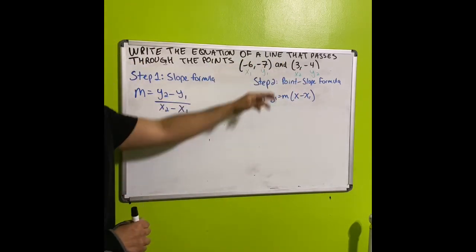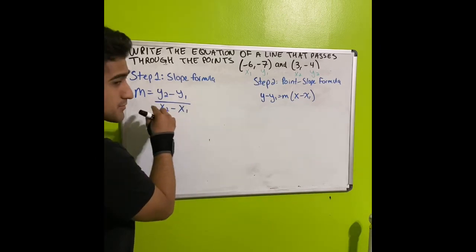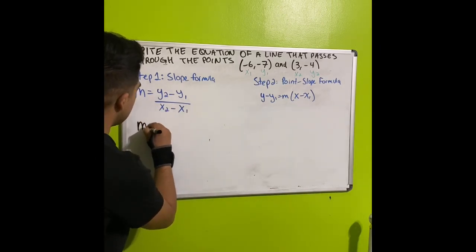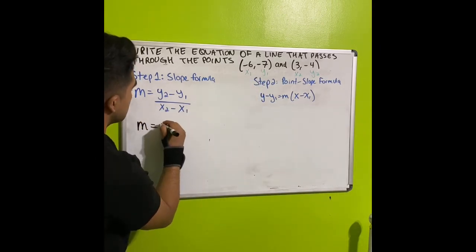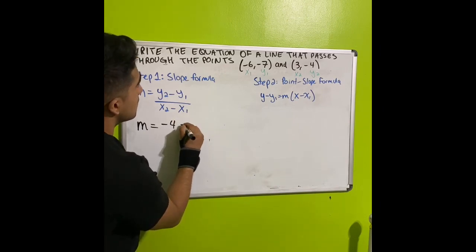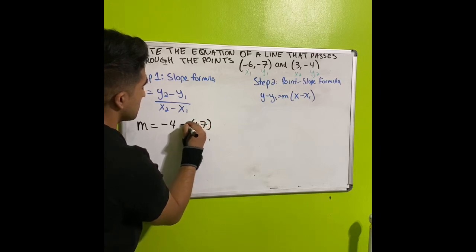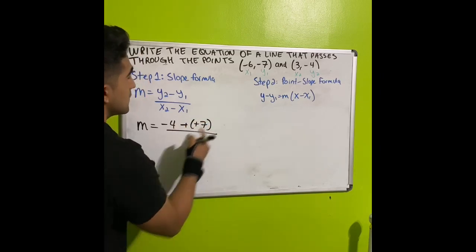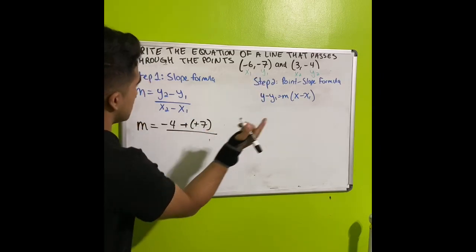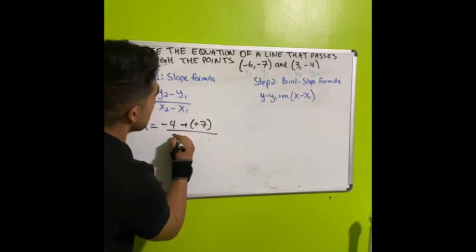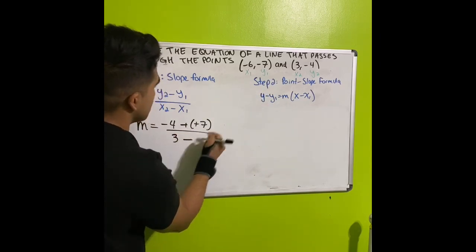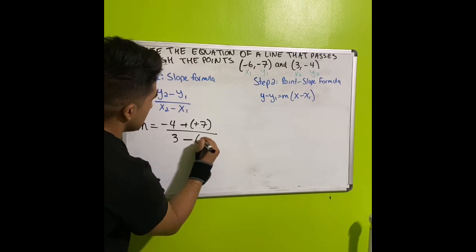So I'm going to substitute in my x and y values into the slope formula. So I get m equals y2 is -4 minus y1 is -7. Be careful of those double negatives. X sub 2 is 3, minus x sub 1 is negative 6.